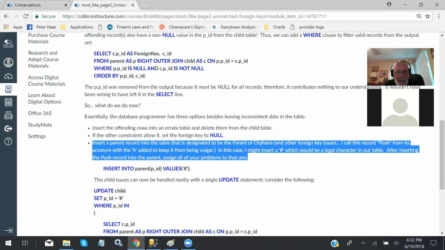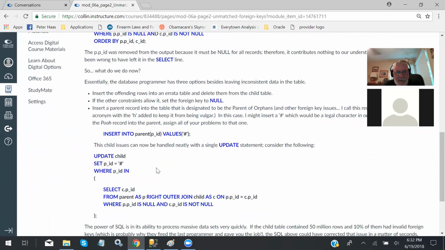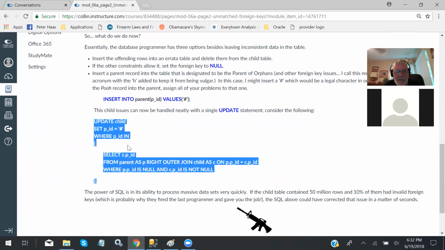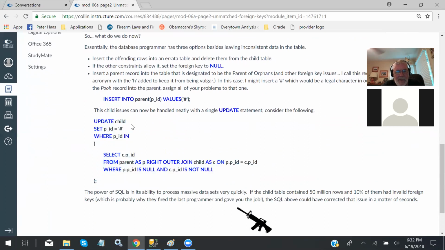So, child issues. I'm getting ahead of myself with this one. Update. This is a subquery, and that's actually the next topic that's coming up.